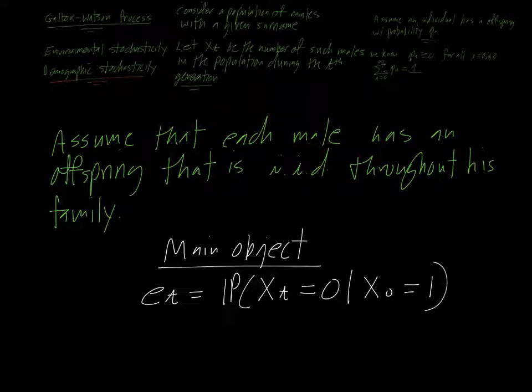Okay, so let's say that you're the only individual left in your family with a given surname. What's the probability that in t generations your name is extinct? That's what we're going to be looking at with the Galton-Watson branching process. And the way that we're going to study this is iteratively.